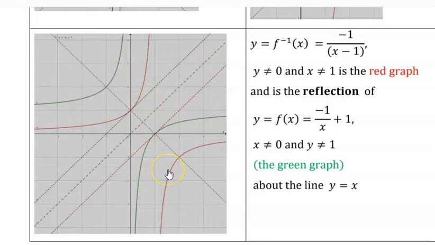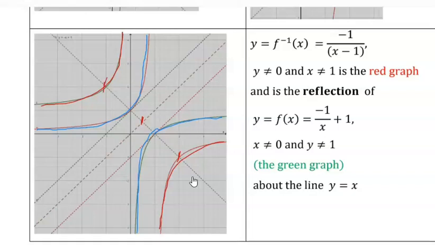You can clearly see, and I'm going to use the blue here, this part here and that part there are each other's reflections. And this part here and that part there are each other's reflections. If you look at the distance, from there to there is equidistant to there.